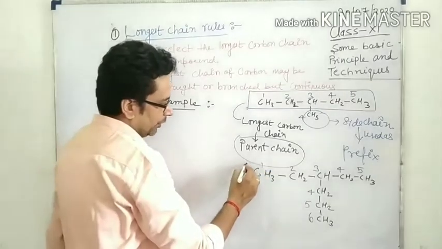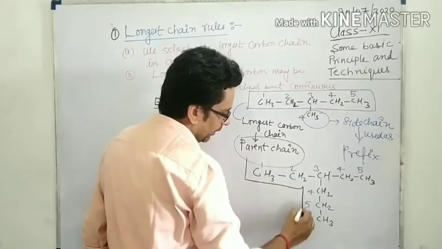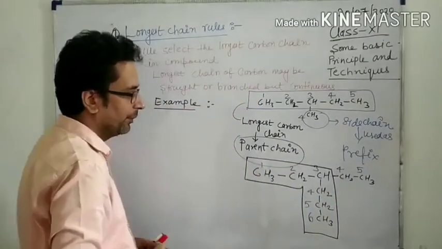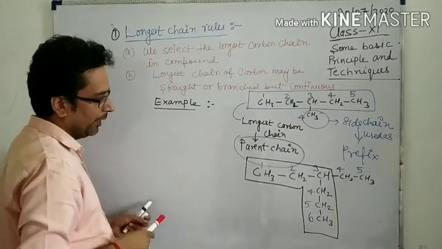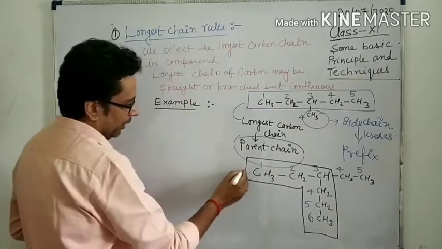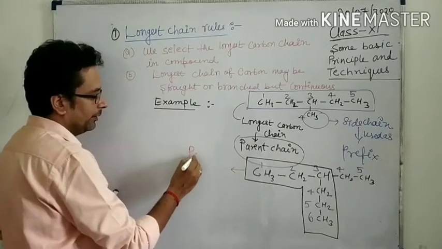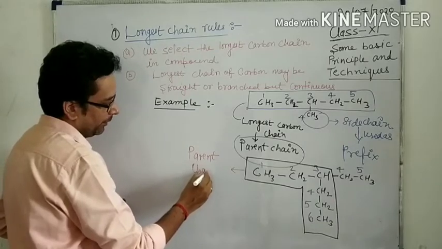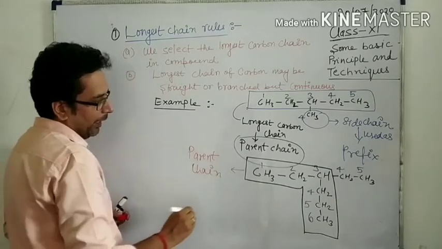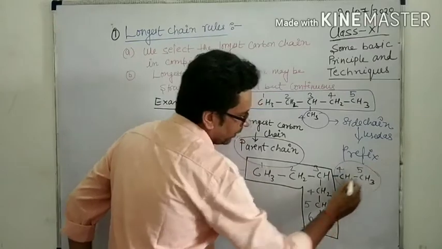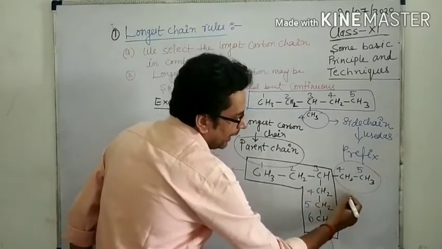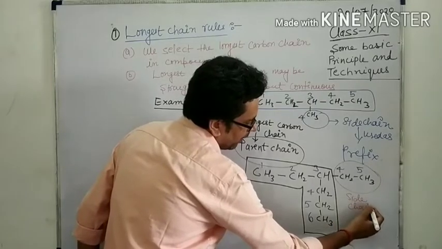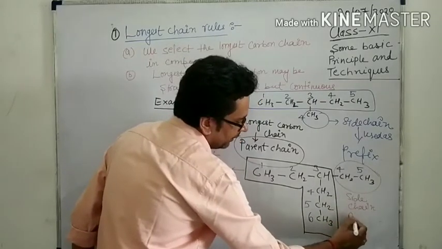So this one is the longest chain of carbon, and this is known as parent chain, and this is known as side chain, and side chain is used as prefix.